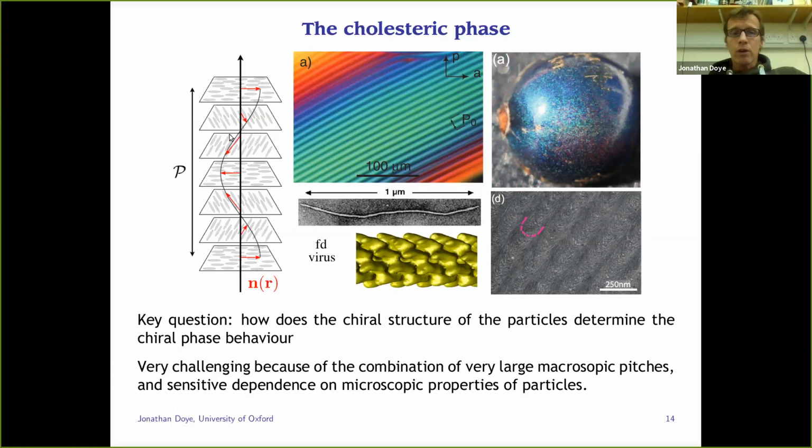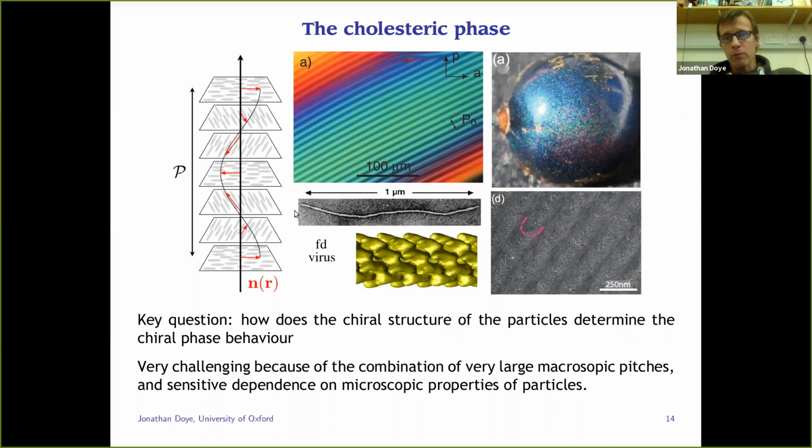The phase is weakly chiral, so this is only a slowly varying rotation. And the other problem is that it's due to the chirality of the particles, so to capture the chirality, you might need a very detailed picture of the particles. So you've got really long length scales, but where you need to know the details.